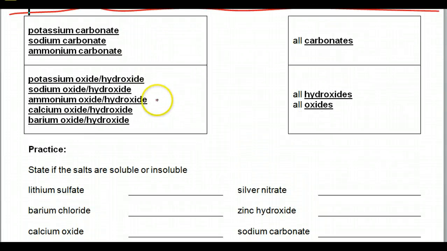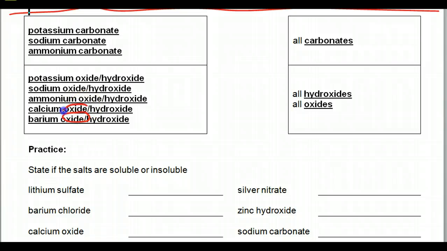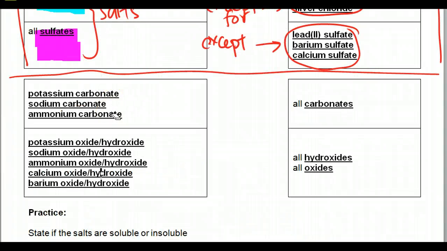For those below here, carbonate, hydroxide, and oxide, just take note. Now you can see here that we have potassium carbonate, sodium carbonate, ammonium carbonate, sodium, potassium, ammonium hydroxide and oxide, calcium oxide, barium oxide.